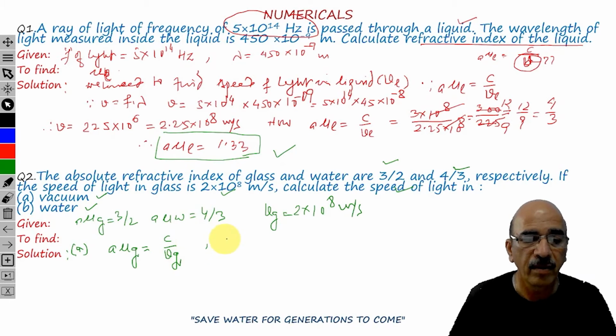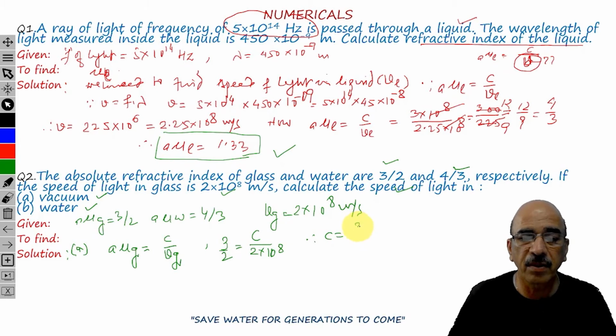Okay, good. So here it is absolute refractive index of glass and water. So glass का 3/2. So here it will be 3/2, and here C we need to find, and V is given 2 into 10 raised to power 8. Okay, now we need to find C. So therefore C will be how much?